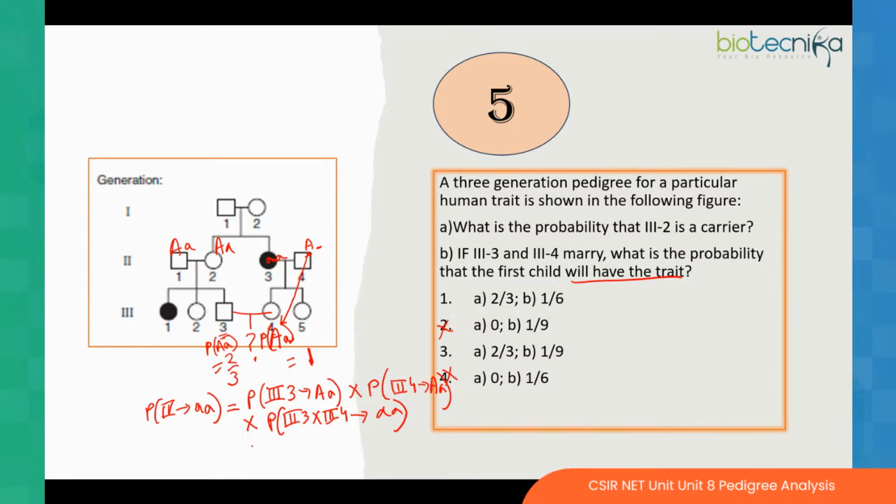The probability of 3 4 to be heterozygote is 1, and the probability that their crossing will produce homozygous recessive is 1/4. When two heterozygotes cross, the chance of producing homozygous recessive is 1/4. So automatically, when you do the calculation, this comes to 1/6. All right, so option 3 is incorrect. The answer is option 1.